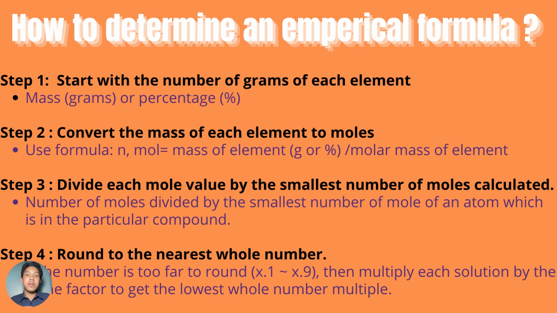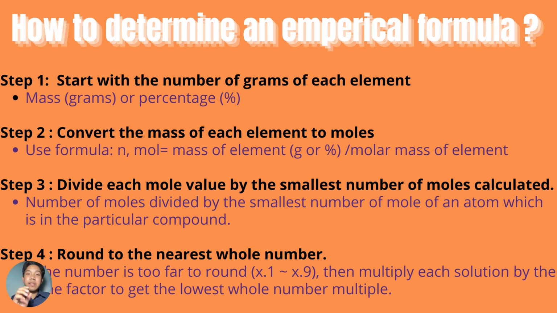But what if the question provides you with percentage? What do I mean by percentage? For instance, they give you 40% of carbon or 16.3% of nitrogen. What are you going to do? Where is the mass? Those are percentages. It is clear that percentage and mass are two different things, right? But here, in determining an empirical formula, the percentage is the mass, all right?